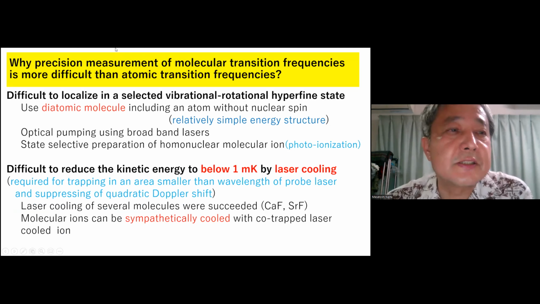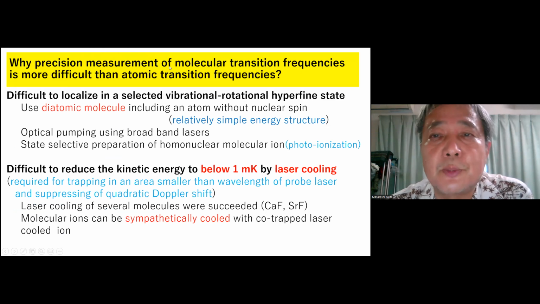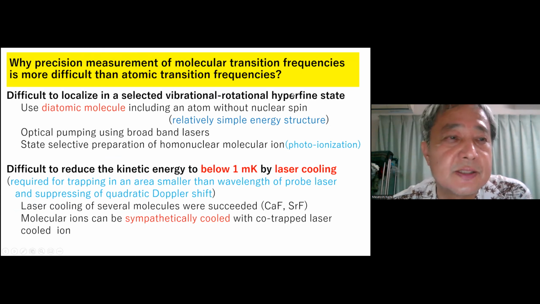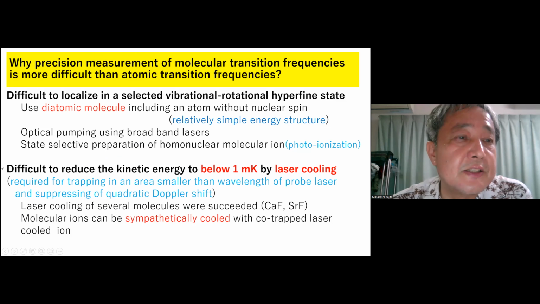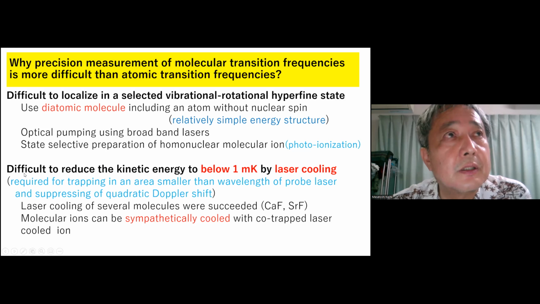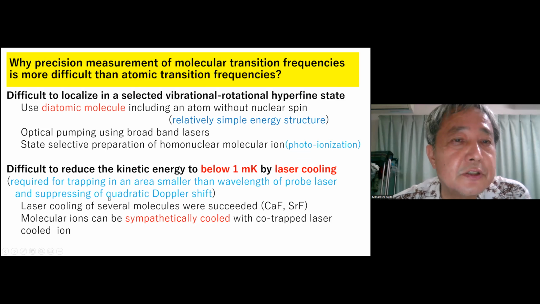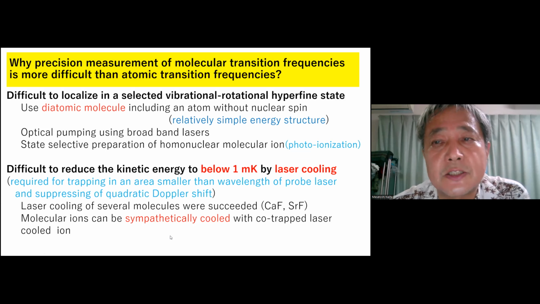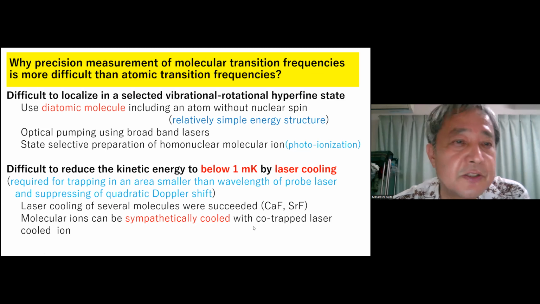So there is a question why precision measurement of molecular transition frequencies is more difficult than atomic transition frequencies. One reason is that molecules have vibrational-rotational states, so it is difficult to localize in a selected vibrational-rotational and also hyperfine state.